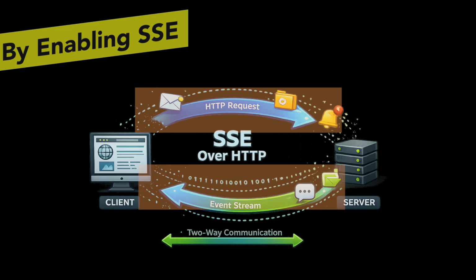So let's say you can use HTTP to make a call from your client to a server, right? But if you want bi-directional communication with HTTP, you can enable server-side events, and then your client can call the server and your server can also call your client, and it becomes bi-directional communication.